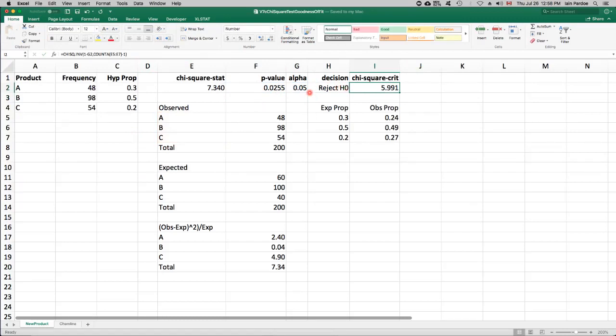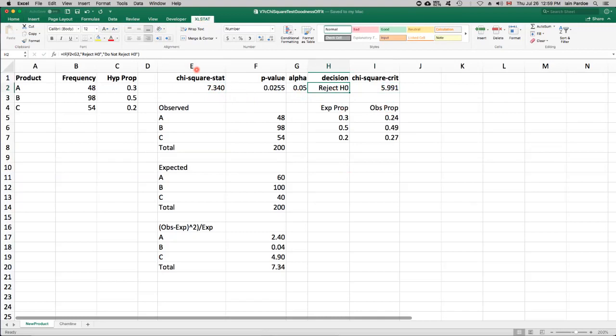And with a 5% tail area, the critical value is 5.991. And the chi-squared test statistic, we see if it's in the rejection region to the right of this critical value, and it is. So same conclusion, we reject the null hypothesis.